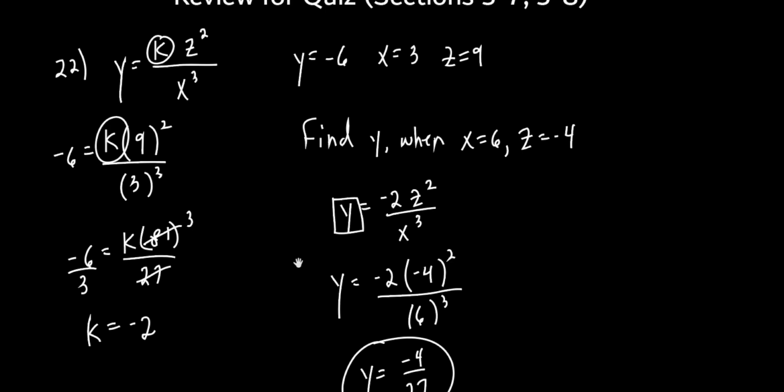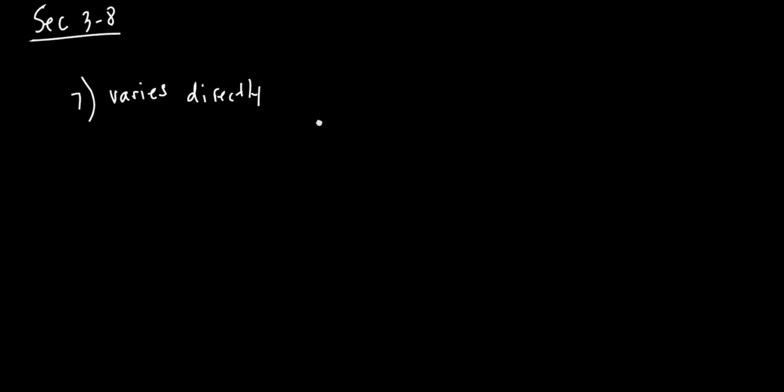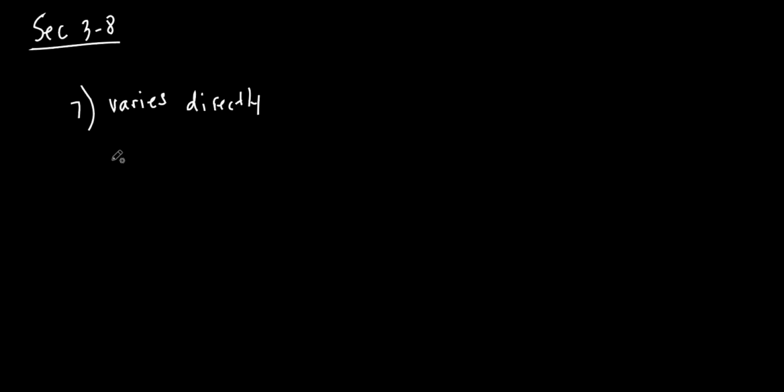All right, let's continue with this. So back to the quiz. Number 7 is it just varies directly, okay? There's no inverse on it. There's no squares on it. It's just real basic.